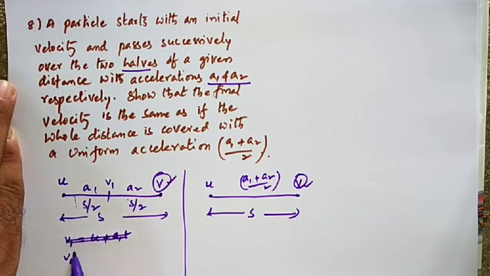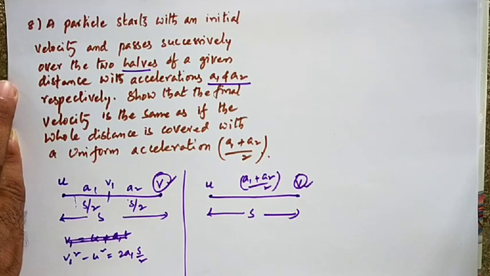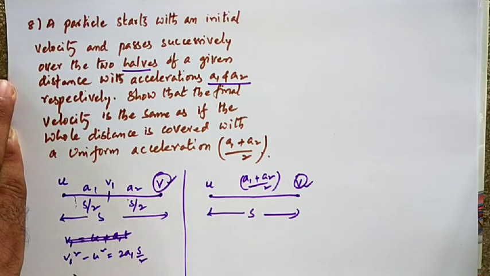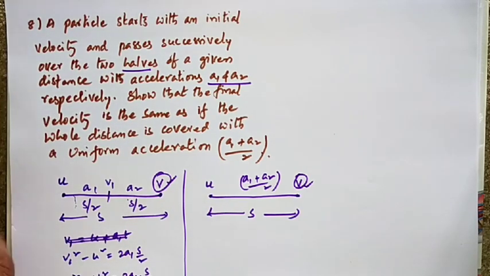Then that is v1 square minus u square is equal to 2a1 into s by 2. Now apply for the second case also. What is that? v square minus v1 square is equal to 2a2 into s by 2.